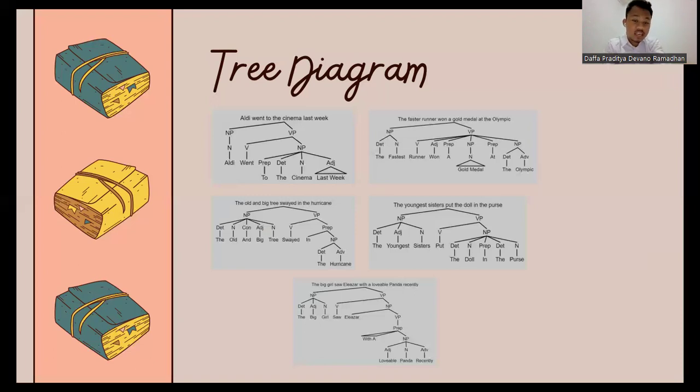And of course, the stands for determiner, big represents adjective, girl represents noun, and then saw represents verb, and then Eliza represents noun, and also with represents preposition, a represents determiner, and then lovable represents adjective, and panda represents noun, and then last but not least, recently represents adverb.